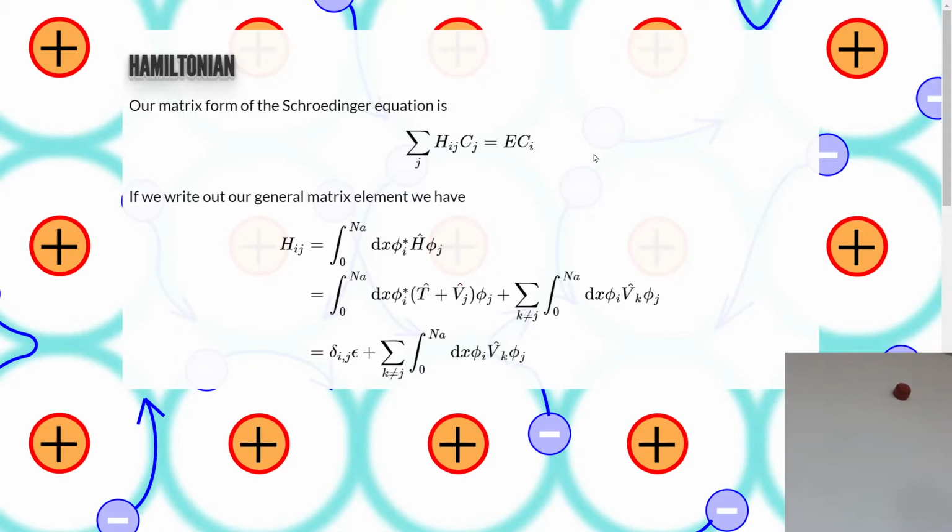Now, what we're going to do is take this Hamiltonian and work out the matrix element Hij by sandwiching our Hamiltonian between phi I and phi J, and we integrate over all space, with 0 up until the end of the chain.